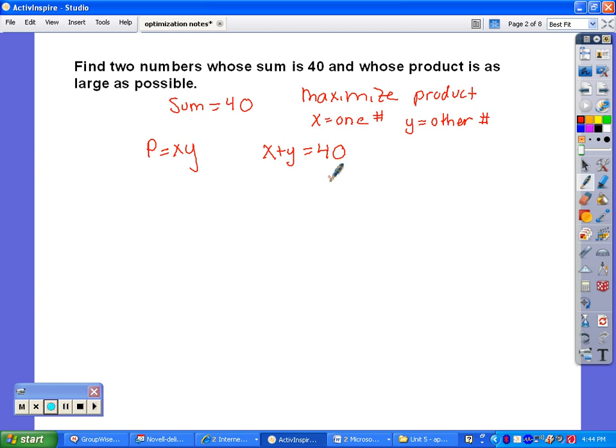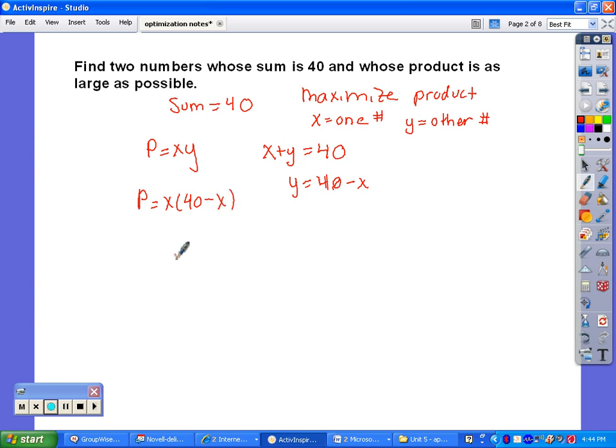The reason is that when we do max-min problems, we always want it in terms of one variable. We don't have to worry about implicit differentiation. So I'm going to solve for y: y equals 40 minus x, and I'm going to plug that into my product formula in order to get it in terms of one variable.